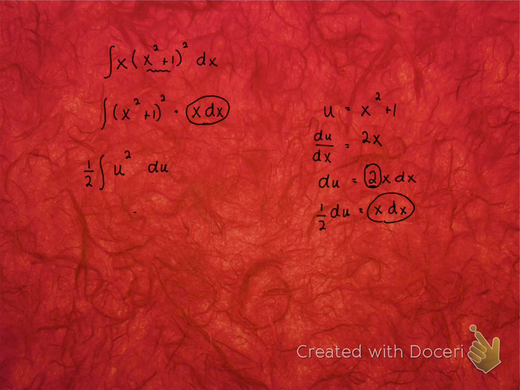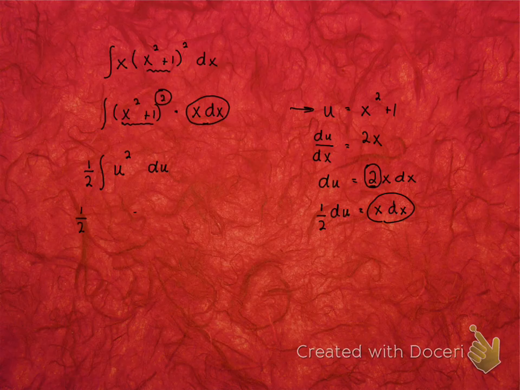U squared, because that is our u right there, x squared plus 1, look over here, and what we're doing to that u is squaring it. So we are taking 1/2 times the antiderivative of u squared, and now our du, our dx is matched. So du is equal now to x dx with the 1/2 out front.